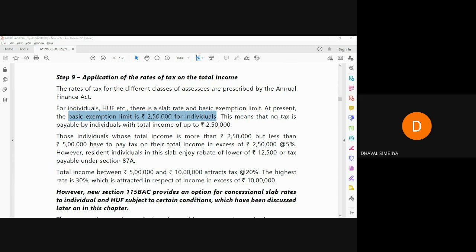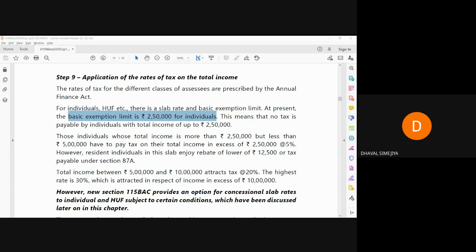So if my total income is 3,50,000 rupees, then tax will be levied on 3,50,000 rupees minus 2,50,000 rupees, that is the basic exemption limit.